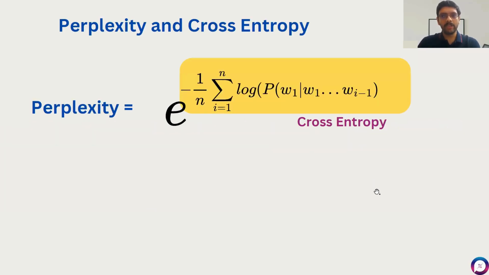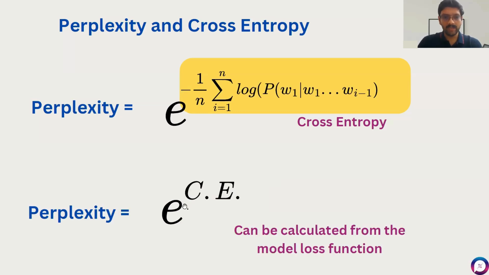Now, perplexity is related to a term we're probably familiar with, which is cross entropy. The term that you're exponentiating is actually the cross entropy. I'm not going to do the derivation here, but you can go and refer to it in more detail.